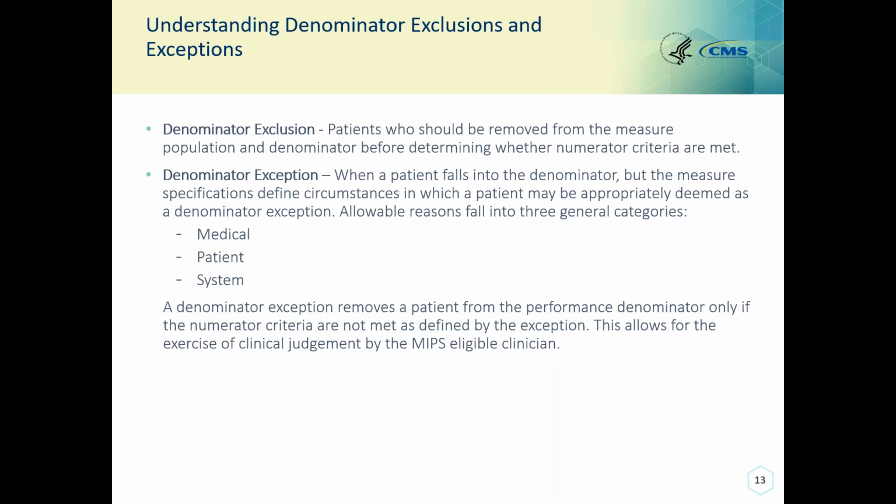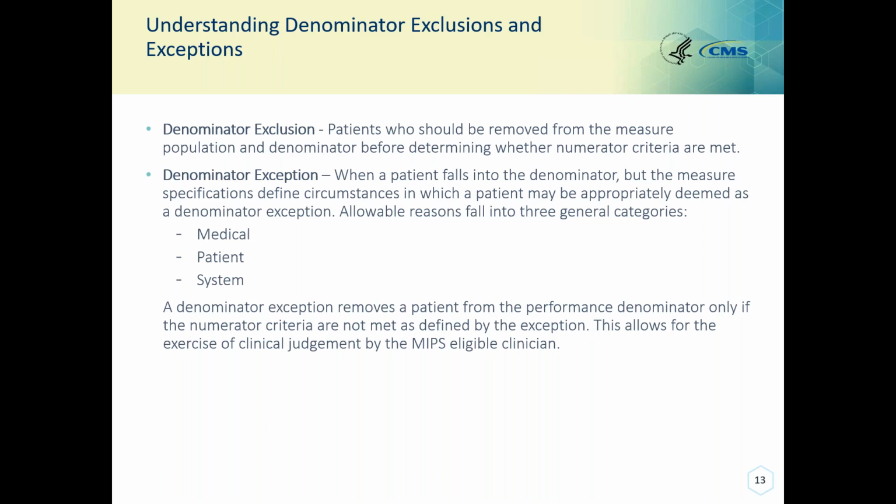This slide is a review of the difference between a denominator exclusion and a denominator exception. Denominator exclusions are patients who should be removed from the measure population and denominator before determining whether numerator criteria are met. A denominator exception is when a patient falls into the denominator, but the measure specifications define certain circumstances in which a patient may be appropriately deemed as a denominator exception.